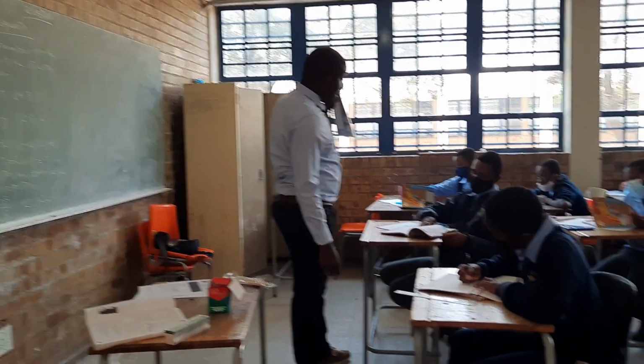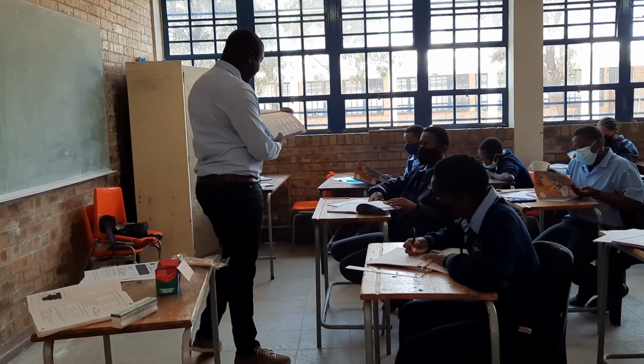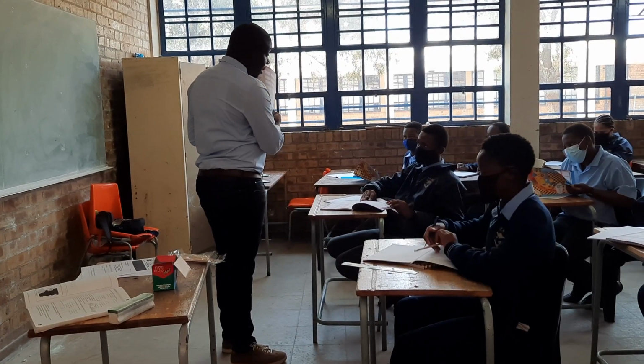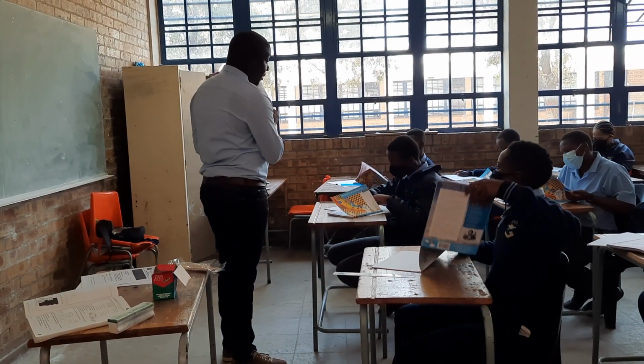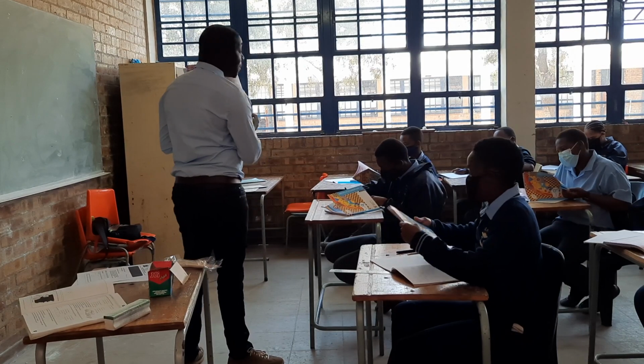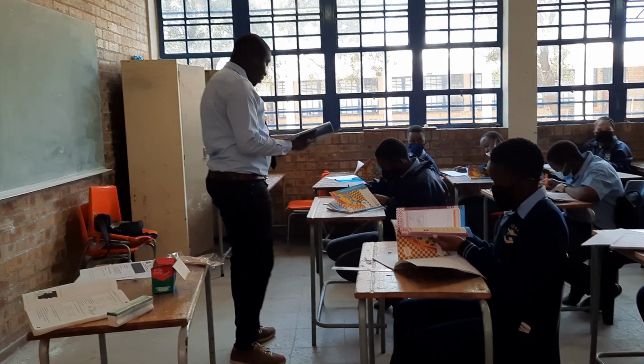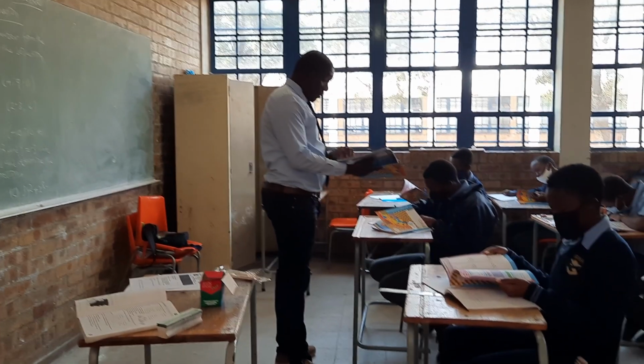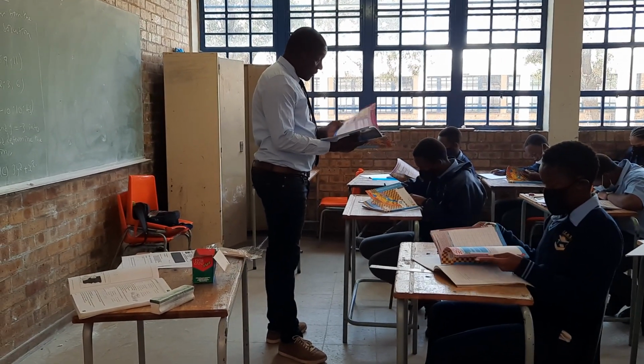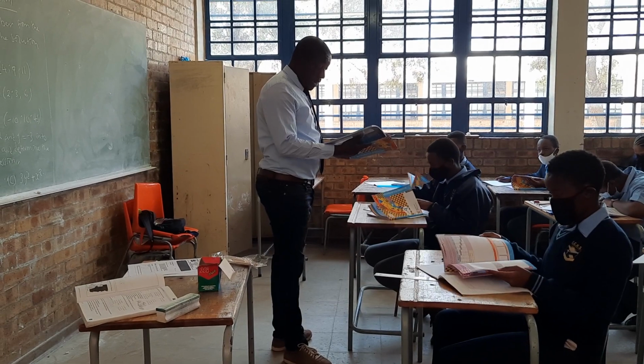Write the date there. On Roman figure 26, you write the date to say today is 28 September. So you're going to do Roman figure 26, 27, 28 and 29.